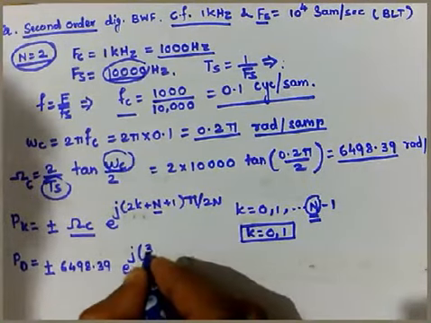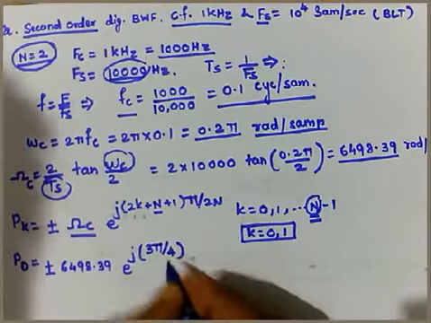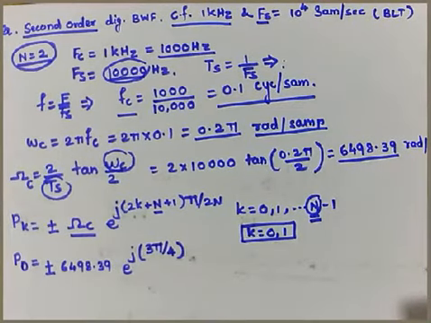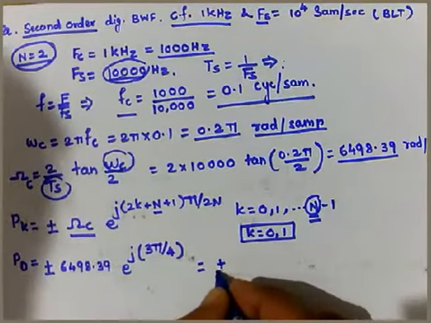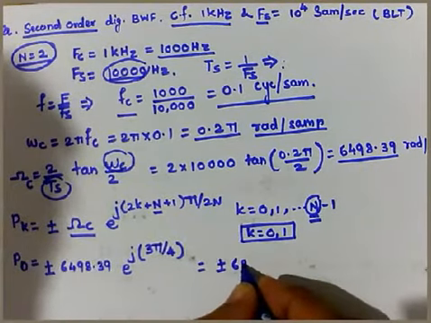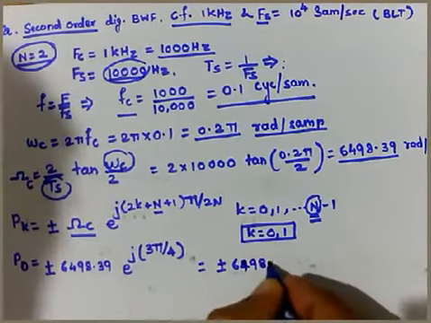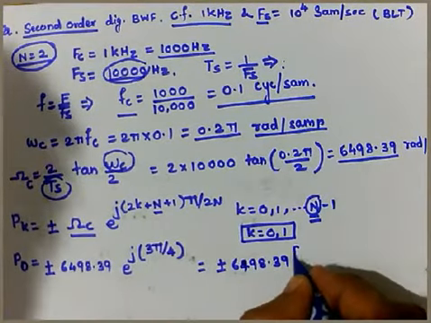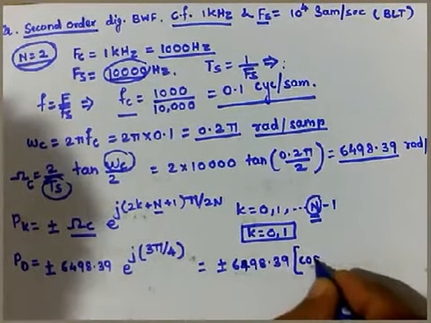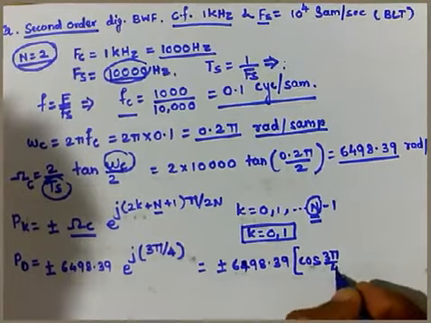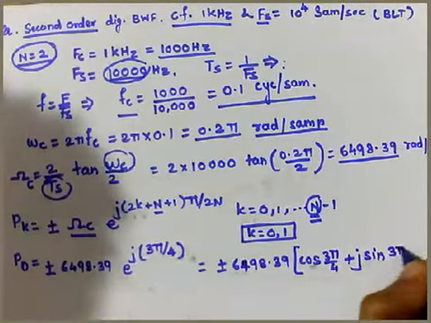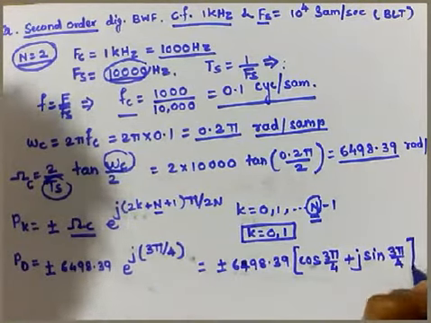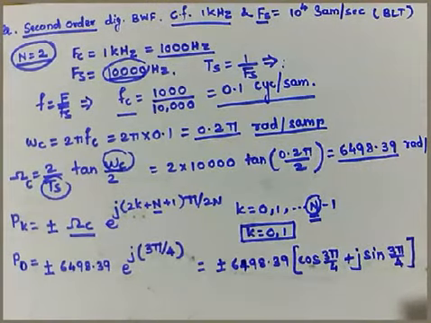So this will be 3 pi by 4 for the first case. So by solving it, it is nothing but plus or minus 6498.39, so this can be written like cos 3 pi by 4 plus j sin 3 pi by 4. This is what the P0.